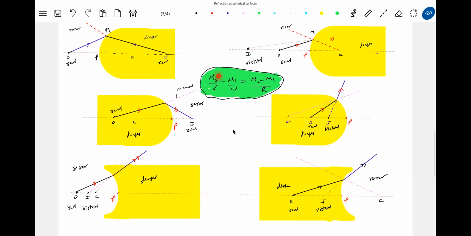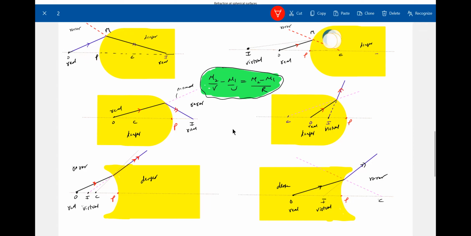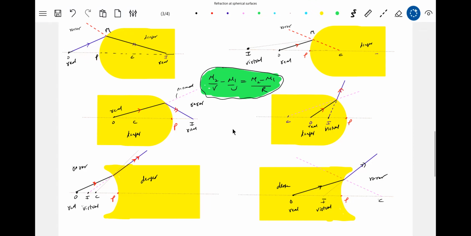Mu2 is the refractive index of the medium where the image is present. No, where the refracted ray is present, that is mu2.